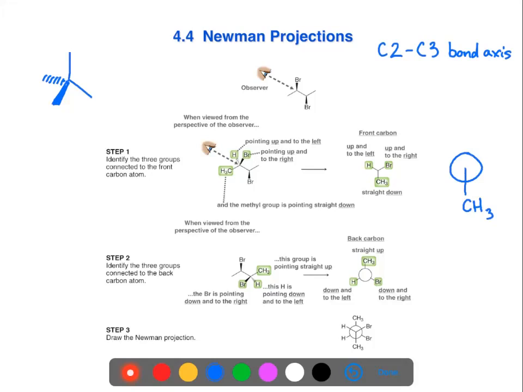Now the bromine atom in this structure is coming towards you. And so looking down the C2-C3 axis, that translates into that bromine being on the right-hand side. Okay? And the hydrogen, as a result, will be on the left-hand side as you're looking down that C2-C3 bond axis.